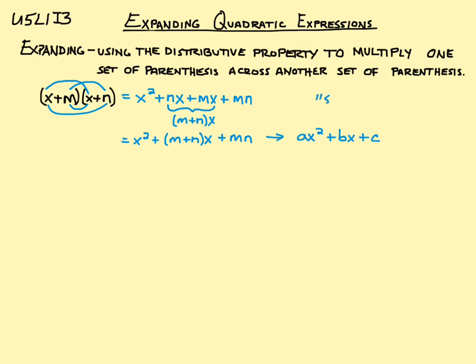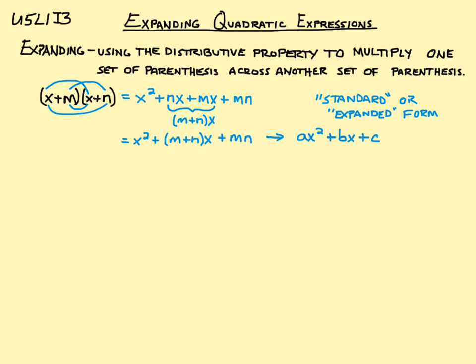And that we call expanded, or sometimes we call it standard form. So either one of those two ways is how we describe ax squared plus bx plus c. Now a lot of ours, the a is going to be just a value of 1, so it's going to look like just x squared plus bx plus c. But either way, whether you have a number in front of the x squared or not, this is considered our standard or our expanded form.